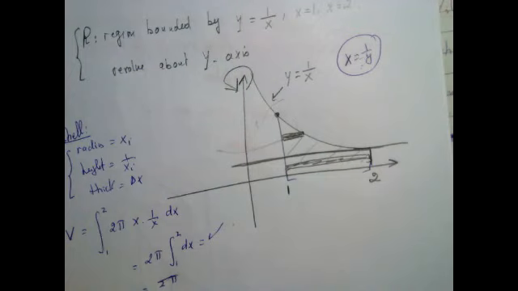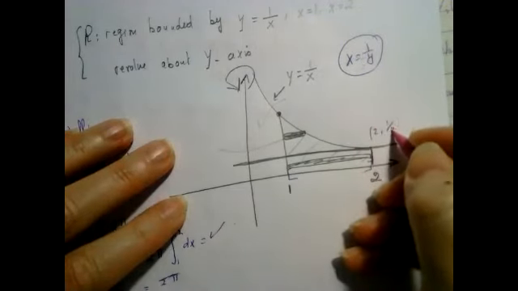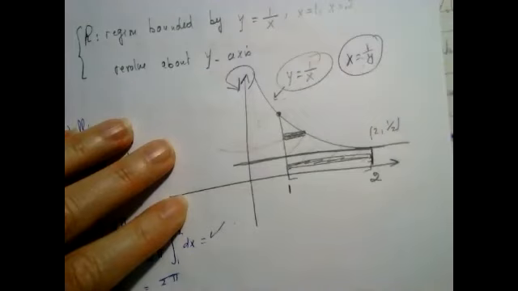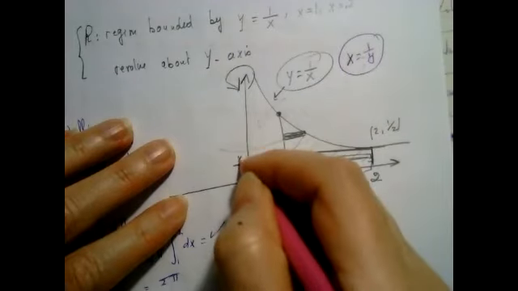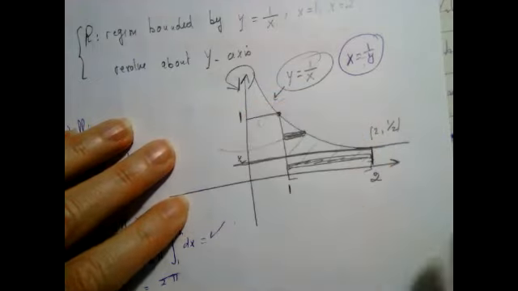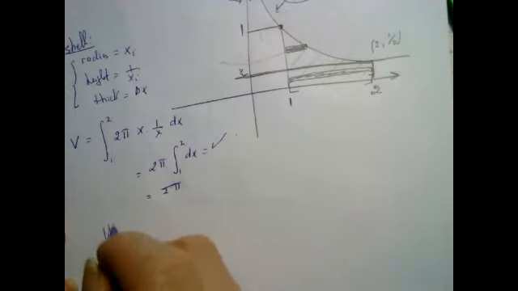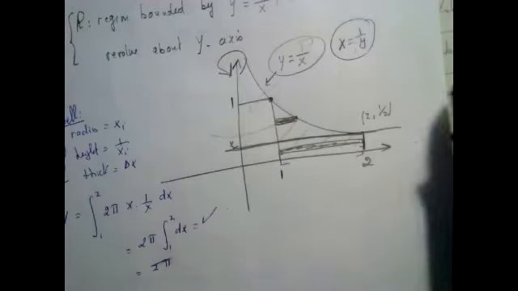You always have to look at the picture, so you understand here. If this is 2, this has to be a half because that's the graph of y equals 1 over x. And if this is 1, this is going to be 1. So now I have to split. That's really the main issue with the washer, not the solving, because solving is not really hard.